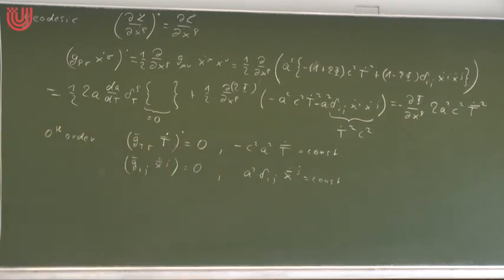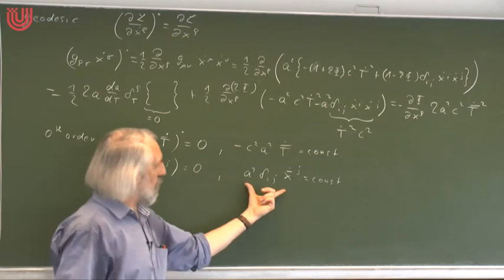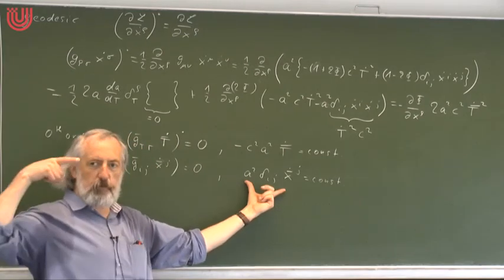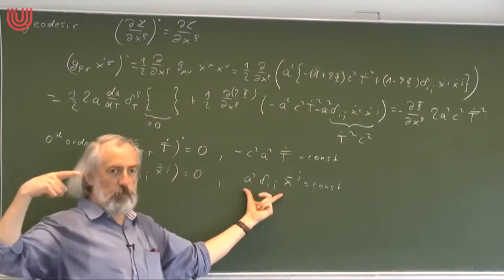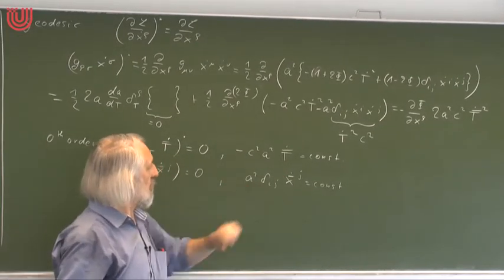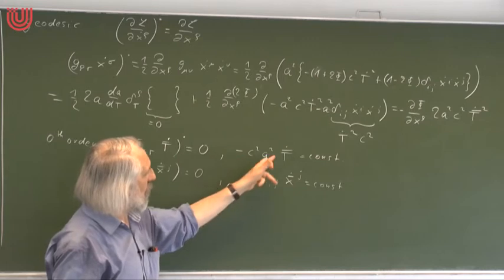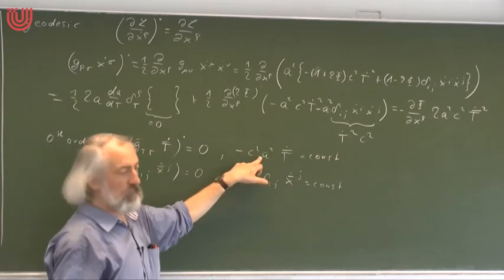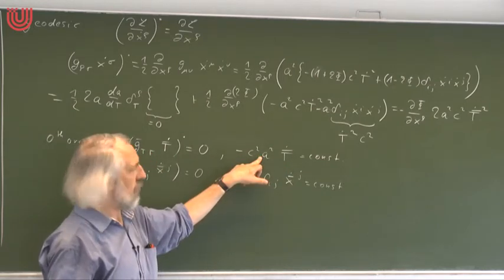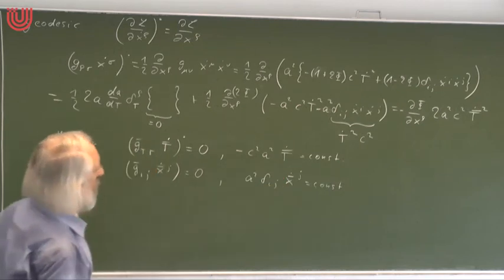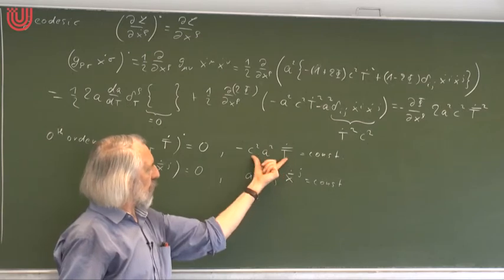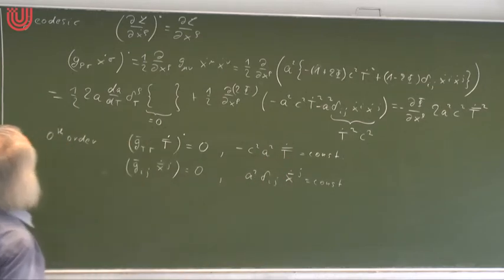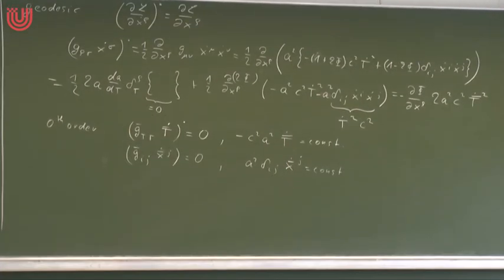Well, this is just the spatial direction in which my light ray is traveling, right? And on the flat background, spatially flat background, of course, it moves on a straight line. Yeah? So this is this constant. And this tells us how the time coordinate is related to the scale factor. From this you could derive the redshift formula in the background spacetime. Okay, but we want to have it in the perturbed spacetime.